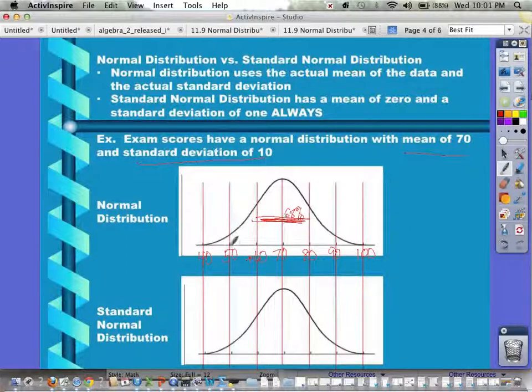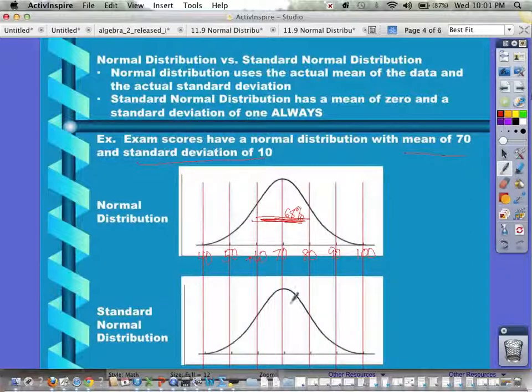Any score from 50 to 90 would fall in the 95th percentile. And from 40 to 100, which means almost all of the scores, would be 99.7%. Okay? And if you needed to find little pieces, you just either add or subtract your little pieces together, and you'll get your percentile.